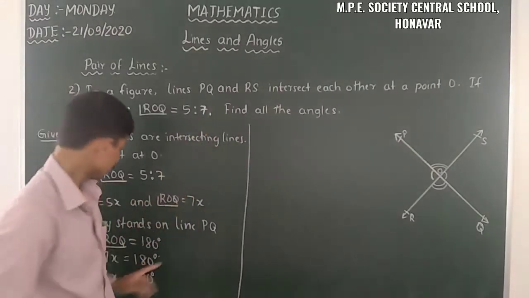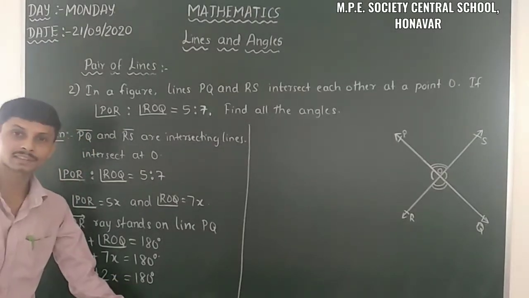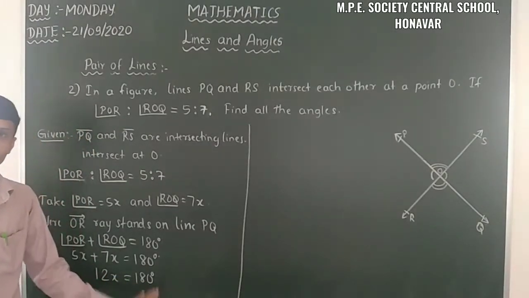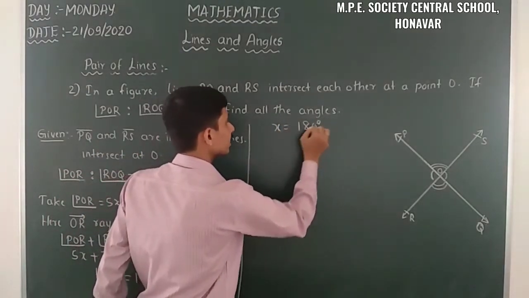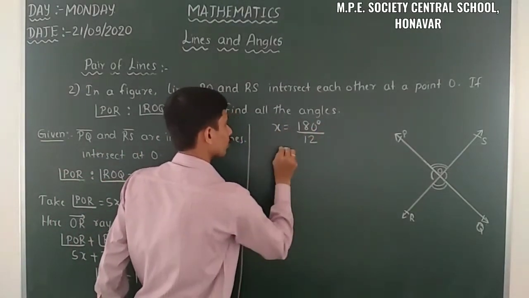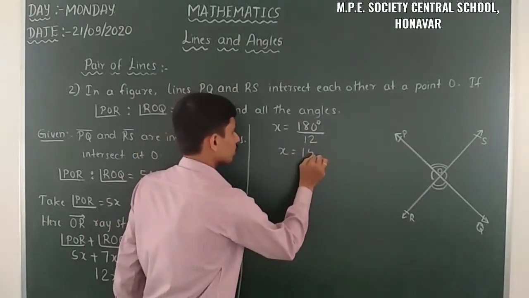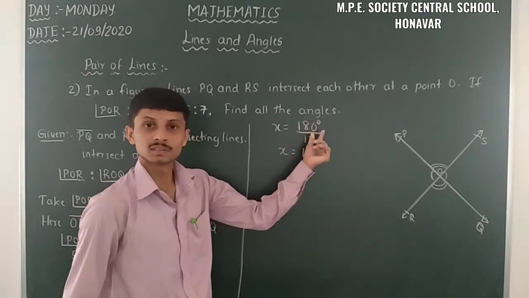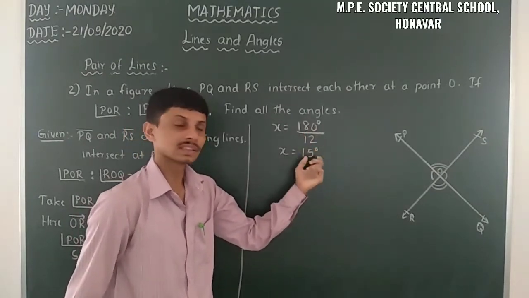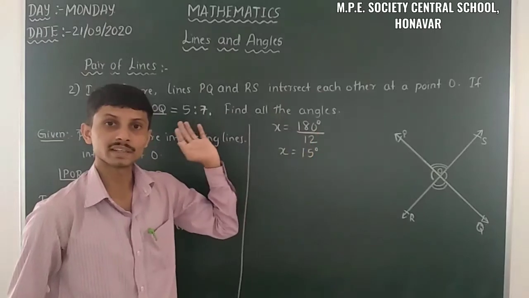So I will solve here. 12x is equal to 180 degrees means x is equal to 180 degrees divided by 12, transposing the 12 to the denominator. What is x here? 15 degrees. So 12 into 5 is 60.